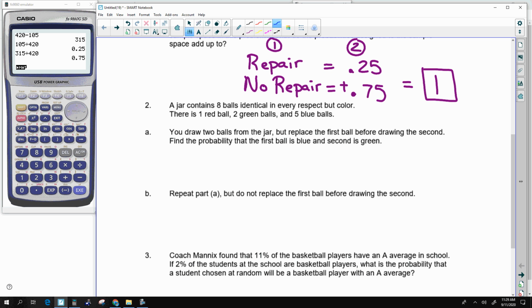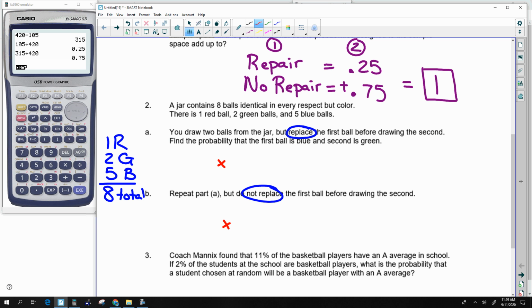Okay, number 2, the jar of balls. There's 1 red, 2 green, 5 blue, grand total of 8. The first one is with replacement, the second one is with no replacement, and it's an "and then" problem: this and then that.